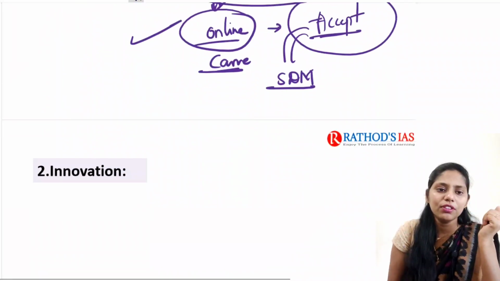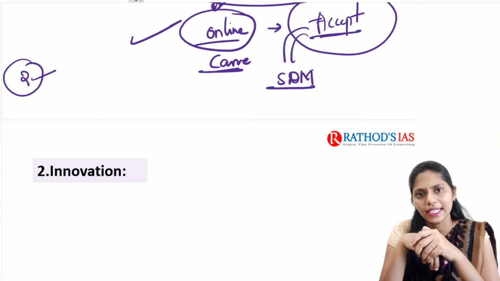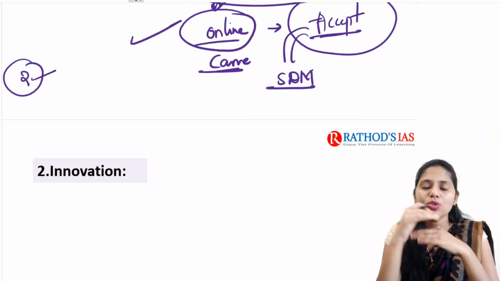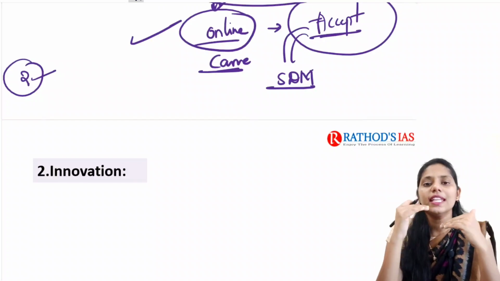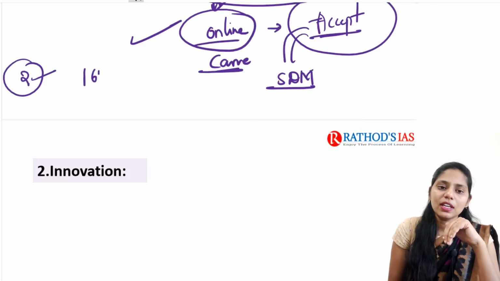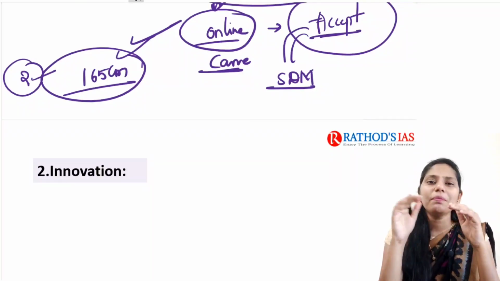And for example, if you see the second example, if there is any recruitment happening for a particular job, there is a height requirement. Persons who are eligible have to meet certain height standards. For example, let us take 165 centimeters as the height, but there is a tribal area where all people are short.